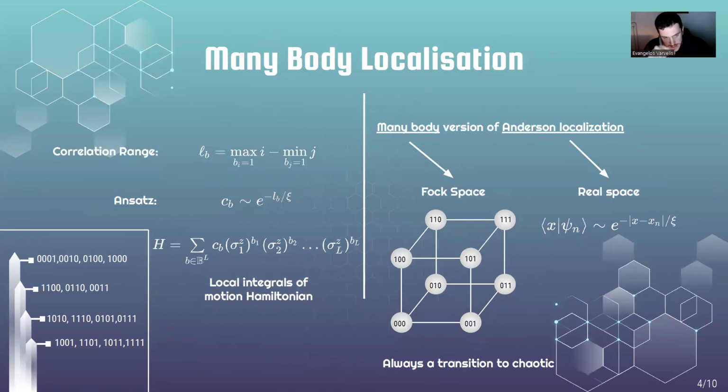For this exponential localization, the entanglement entropy increases as a logarithm, so it's a logarithmic function of time. On the other hand, if you are in the chaotic regime, entropy is still increasing, but ballistically. So basically, it's like a straight line.